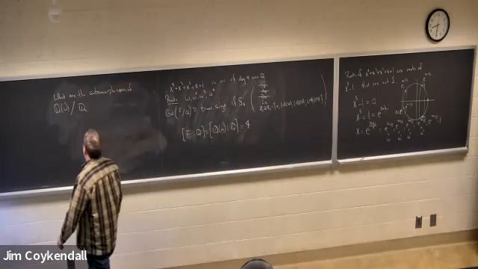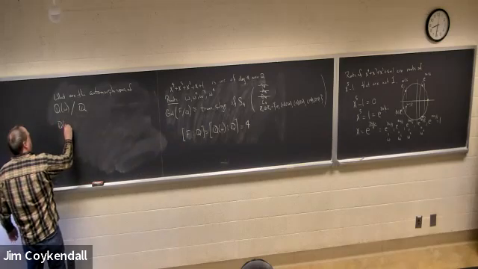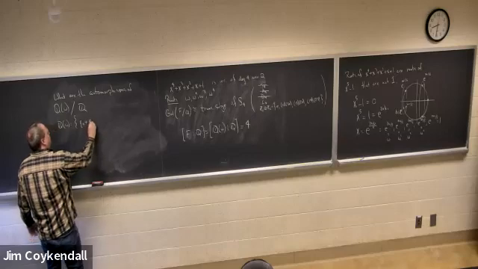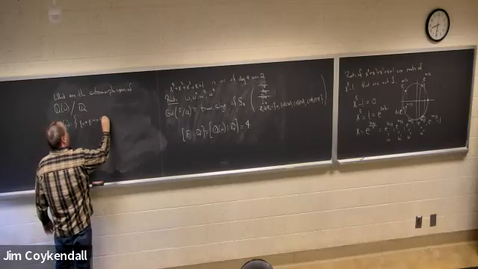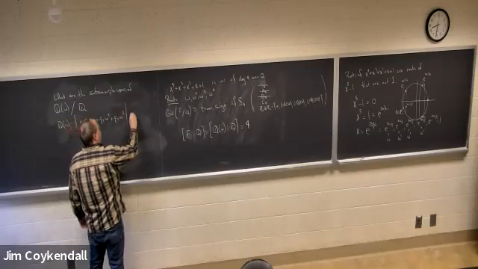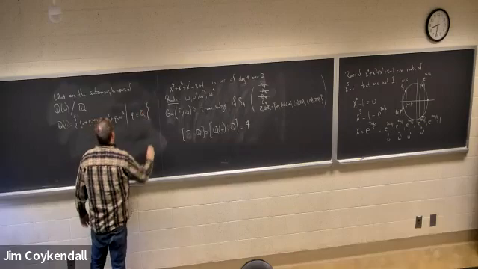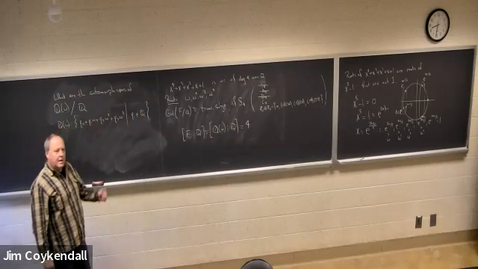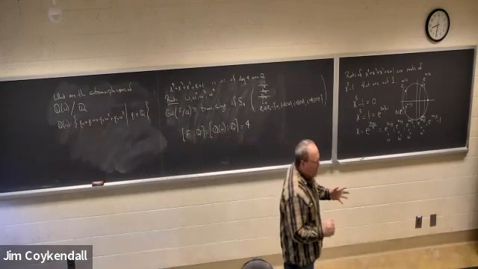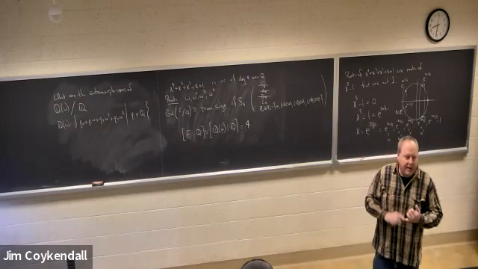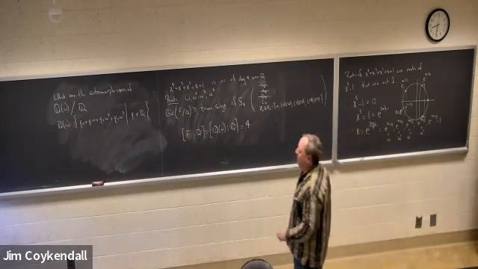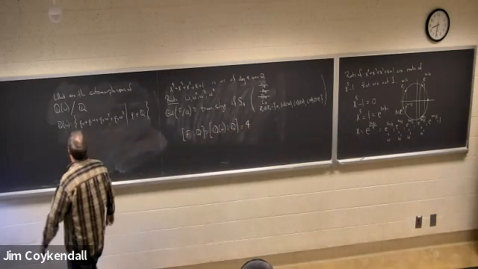Q(omega) is the set of things that look like q0 + q1 omega + q2 omega squared + q3 omega cubed. Any automorphism has to fix every rational number. And any automorphism is completely determined by what happens to omega, right?